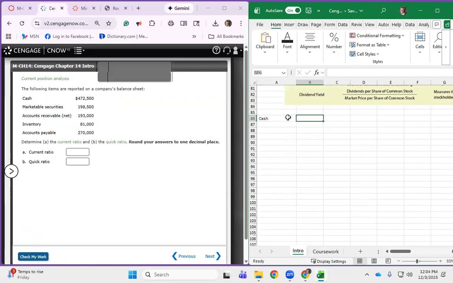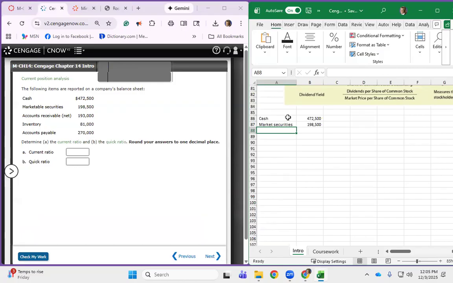Cash is 472,500. Marketable securities, you say, I've never seen that before. Well, it's a little harder accounting, but it's securities that we have as a business that we can sell anytime. If we can sell them at any time, they're closer to being liquid than accounts receivable is.